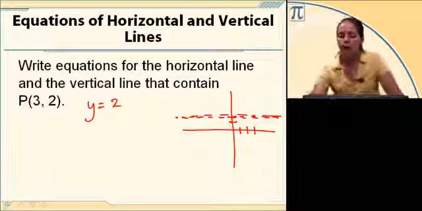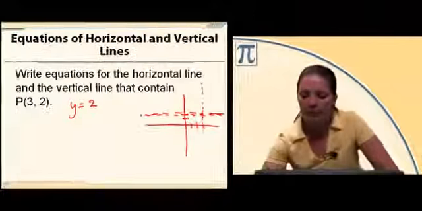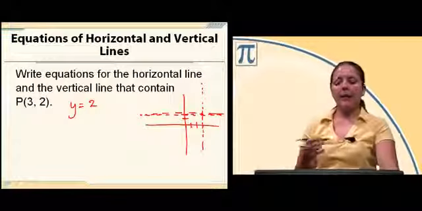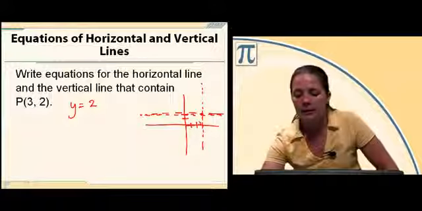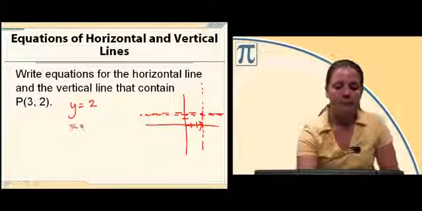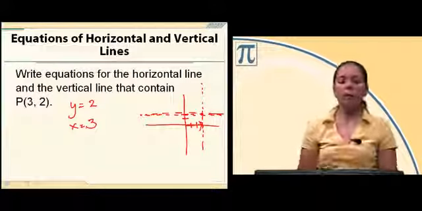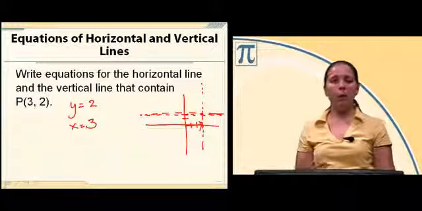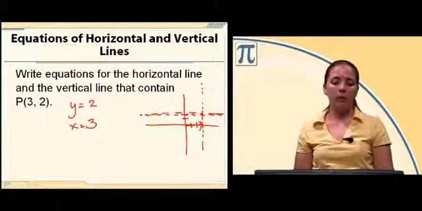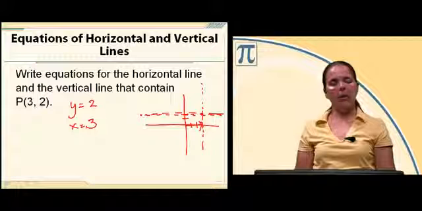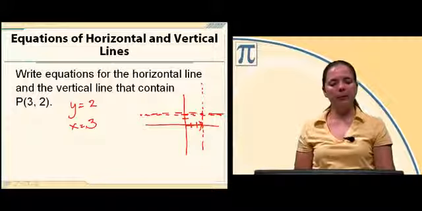The vertical line is going to be up, down, and that is at x equals 3. So the horizontal line going through the point 3, 2 is y equals 2, and the vertical line going through the point 3, 2 is x equals 3.